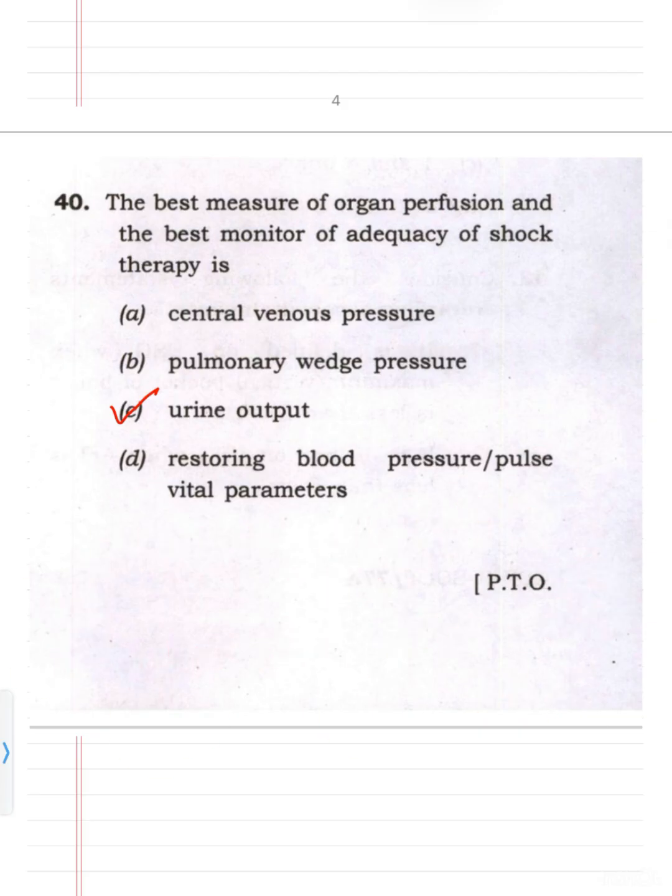Now, going to the other options. What does central venous pressure indicate? Central venous pressure indicates right atrial pressure, and so it measures preload. The patient may have a normal CVP but poor tissue perfusion, so it is wrong.